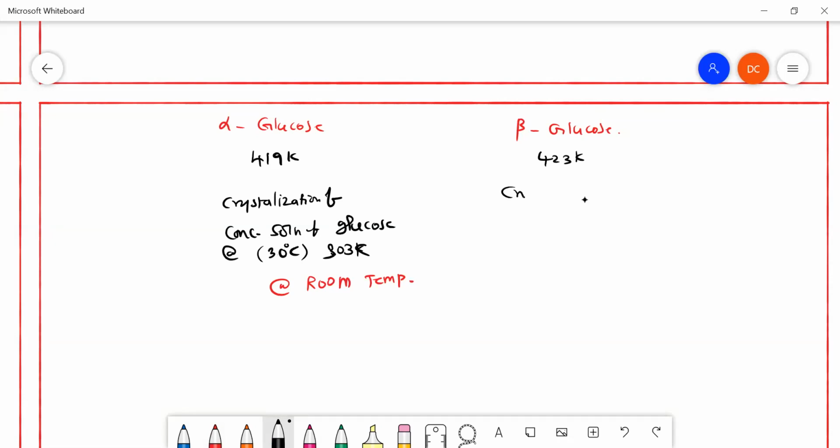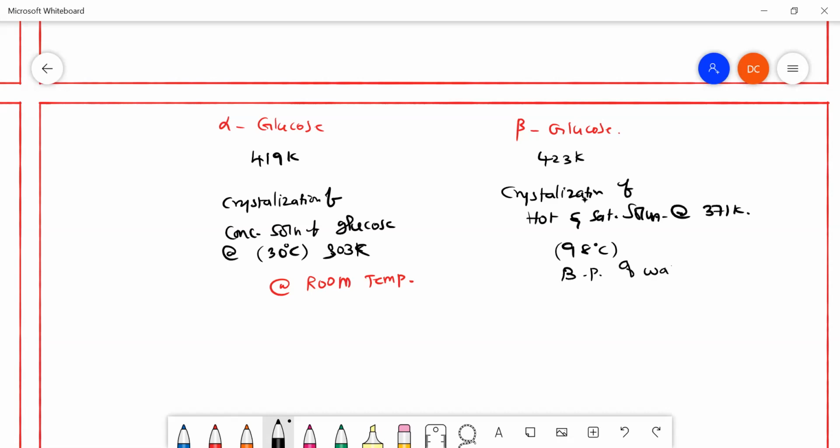But here, crystallization of a hot saturated solution is at 371 Kelvin. What do you mean by a saturated solution? A saturated solution is one in which no more solute can be dissolved after a particular stage at a particular temperature.